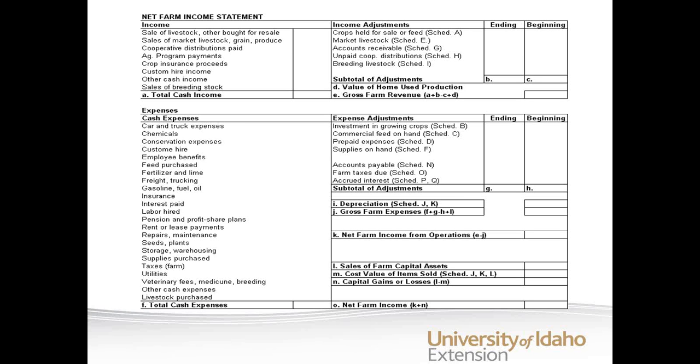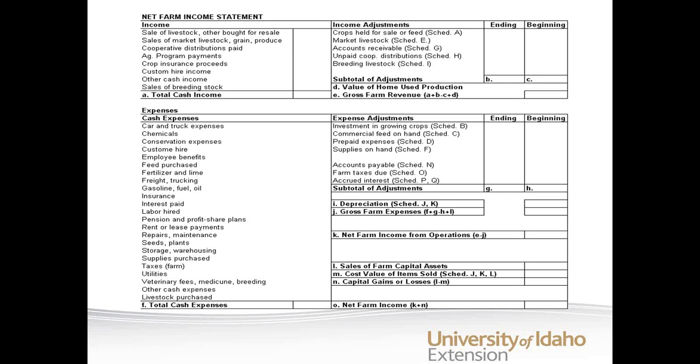So you can see on this sample income statement all the schedules that are referred to, and all an accrual adjustment does is take these schedules. These schedules come off of the ending and beginning balance sheets.